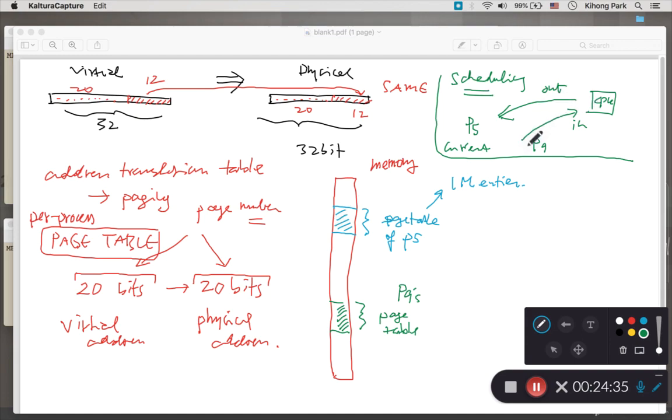Now, when we context switch, the hardware needs to know where P9's page table is, so that when P9 executes instructions, and these instructions have operands, and those operands may be addresses of main memory, this guy needs to be able to, with hardware support, translate from virtual address to physical address. That's done through this address translation table called page table.